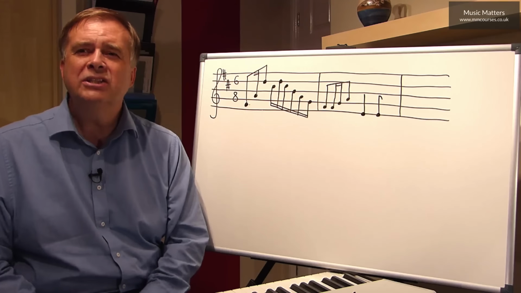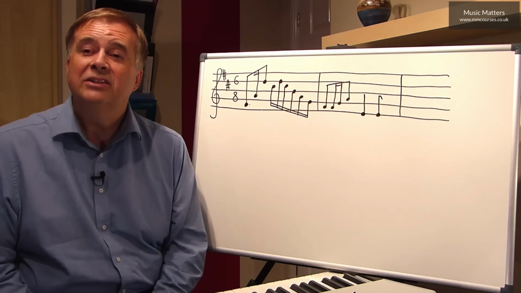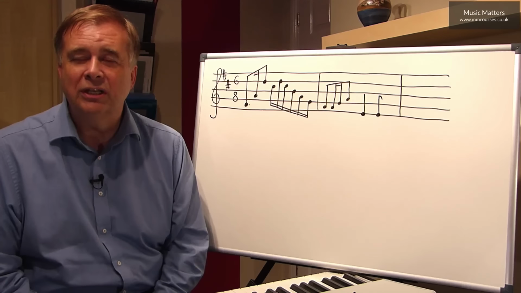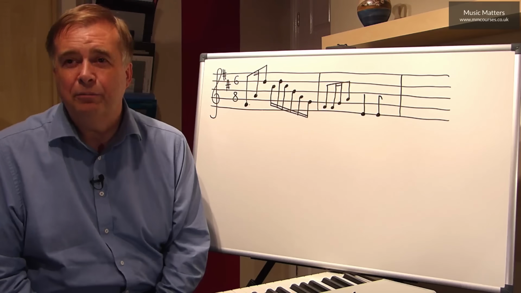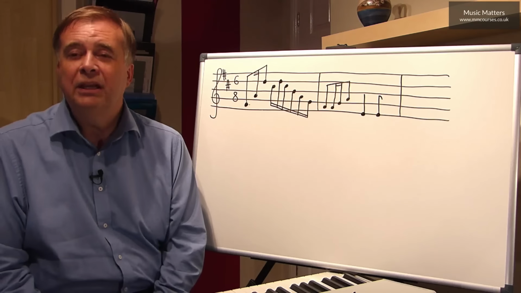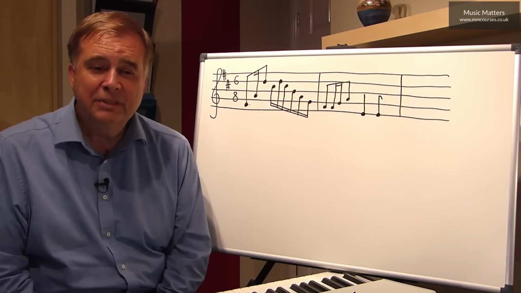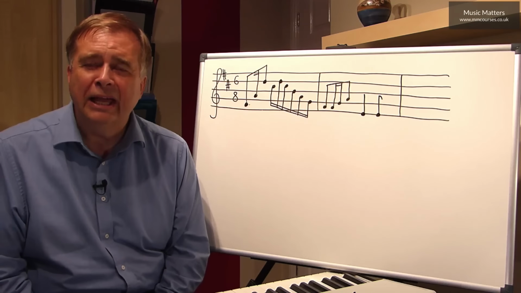So in other words, start with the overall structure, and when you've got that sorted, design the internal structure in such a way that you end up with the right number of bars for the piece that you want to write or that you're being asked to write by a particular question. Having done that, you can then plan your keys.